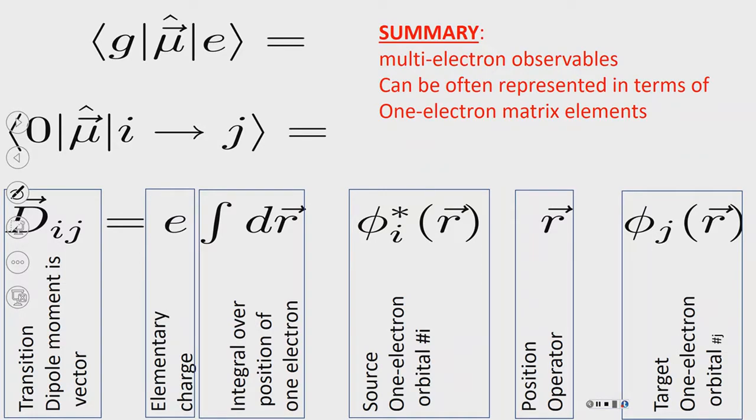Because we deal with one electron, the integration is over only one electron's degrees of freedom. It is a vector because the electron is three-dimensional. Then there is the source orbital, where the electron comes from, the target orbital, where the electron jumps to, for example HOMO and LUMO, and the position operator, the position vector.